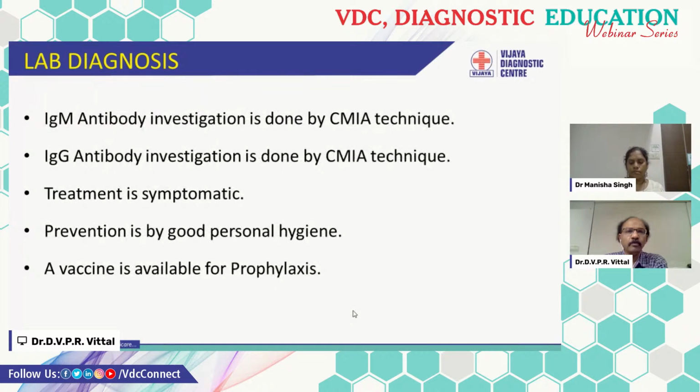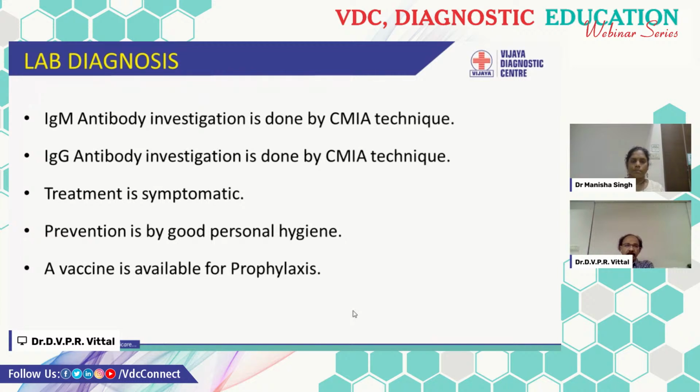The IgM antibody investigation is done by the chemiluminescent microparticle immunoassay technique, and the IgG also is done by the same technique, though other methods are also available. The CMIA technique is supposed to be more specific and sensitive.